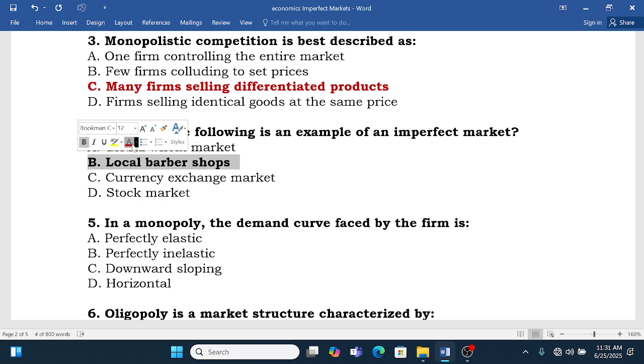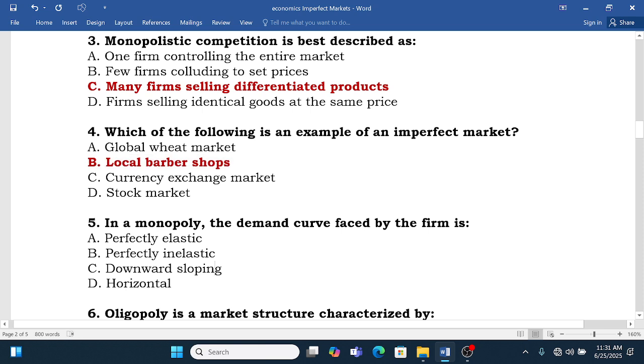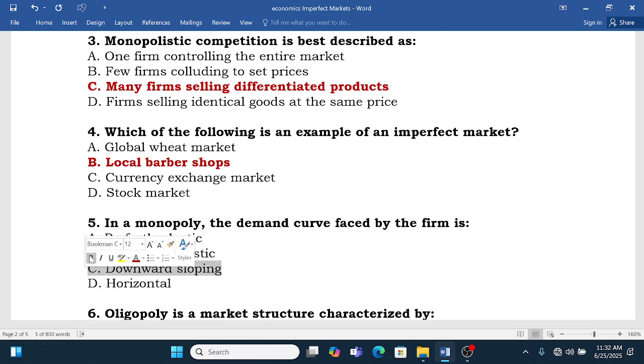Go to question number 5. In a monopoly, the demand curve faced by a firm is: A, perfectly inelastic; B, downward sloping; C, horizontal. The correct answer is B, where it is downward sloping.